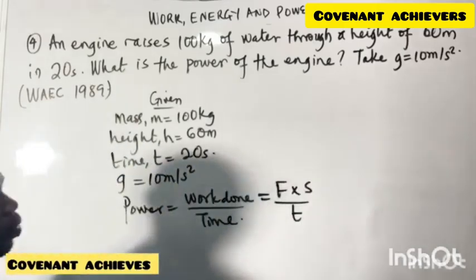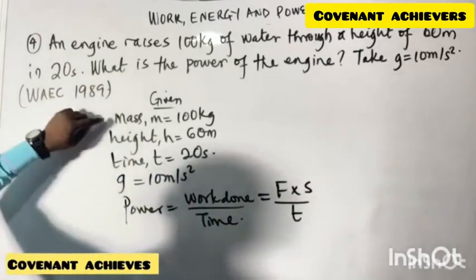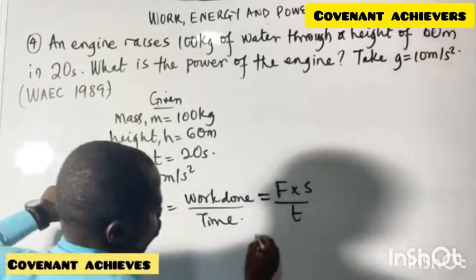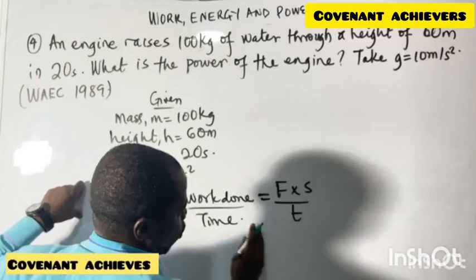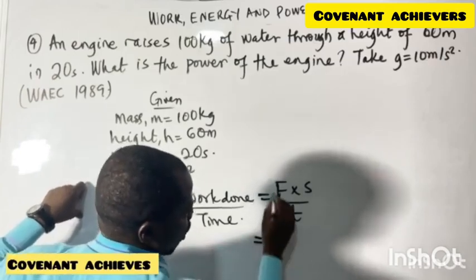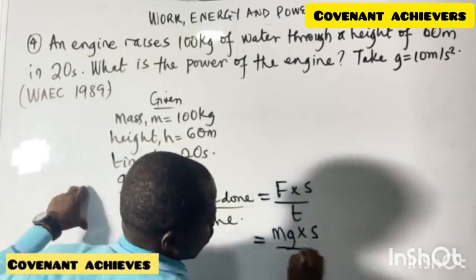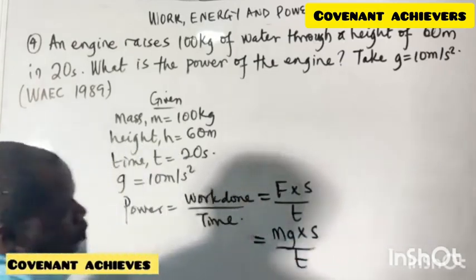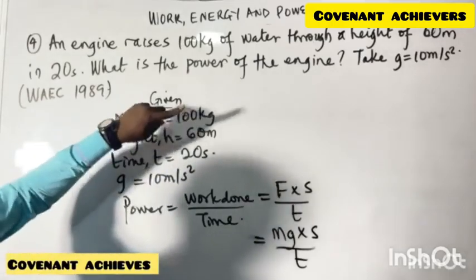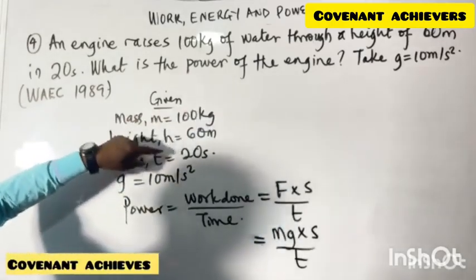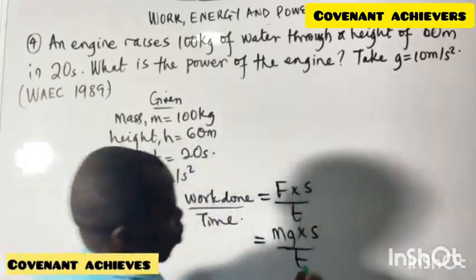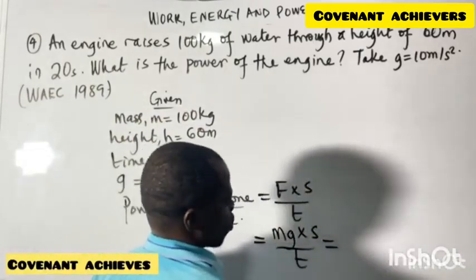What are the parameters that we have been given? We know that force is equal to mass times acceleration due to gravity. That's mg times x divided by what? Time. We can see we have the mass, acceleration due to gravity is given, we have the distance, and we have the time.